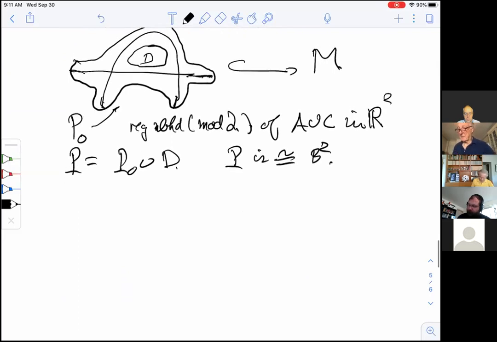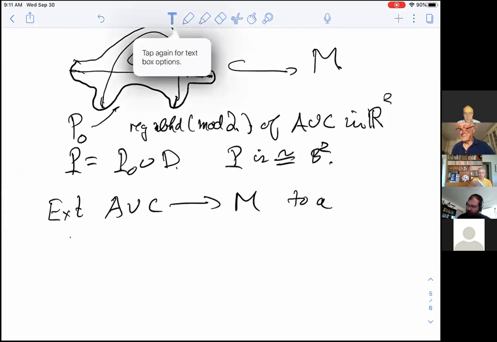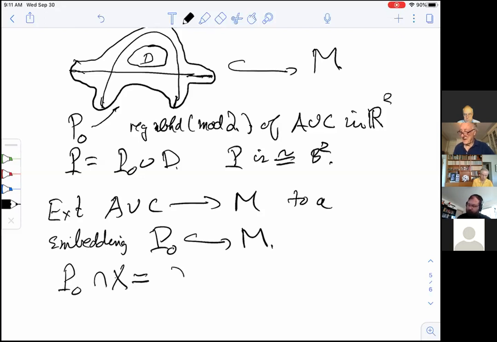All right. So now I'm going to extend the map from A union C into M to an embedding of P naught into M, with the property that P naught intersect X is simply gamma X, and P naught intersect Y is gamma Y. Gamma X is the intersection of P with the X-axis.